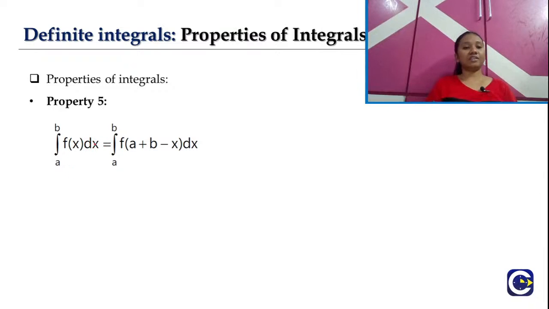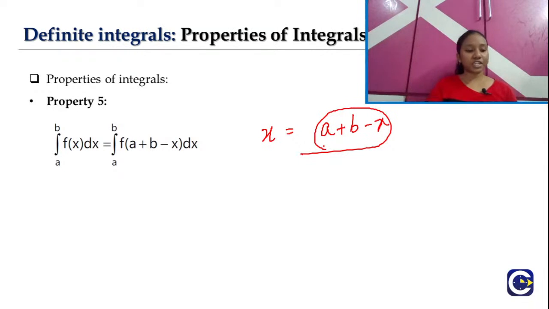The same thing here. Initially what we have seen, the limit is 0. But in this property 5, instead of 0, we are having limit values, that is a to b. As I mentioned, in place of x, what can be substituted? The sum of these two limits, that is a plus b minus x. In the previous property we did the same thing, but one of the limits was 0, that's why it directly became a minus x.